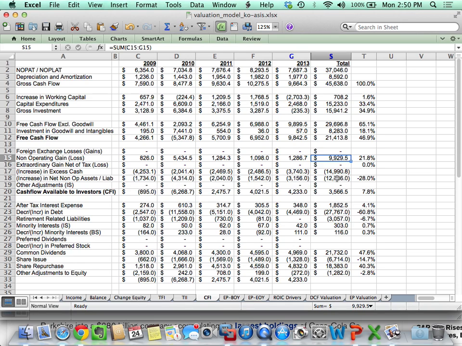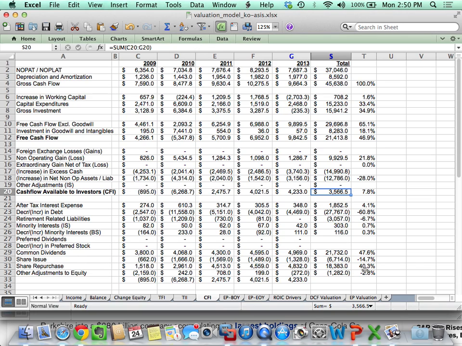When you look at these impacts, they had about $3.6 billion of CFI. So even though they had $21 billion of cash flow available to investors, because they tied up a lot of cash in excess cash and non-operating assets, despite their operating gain, they only had $3.6 billion of CFI to pay out.